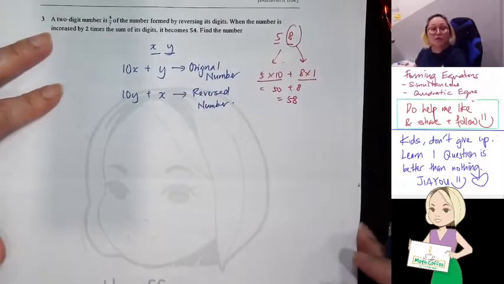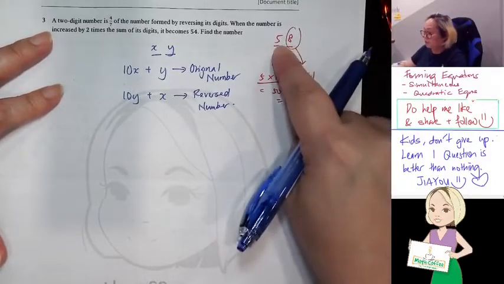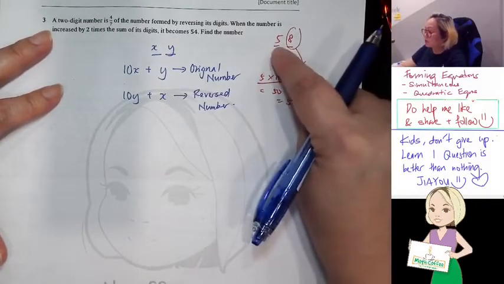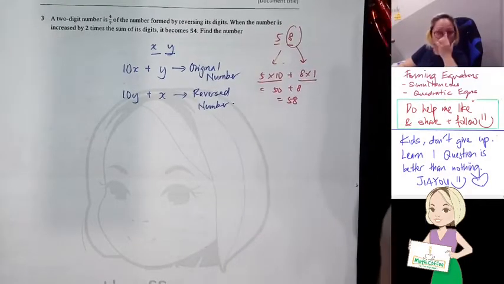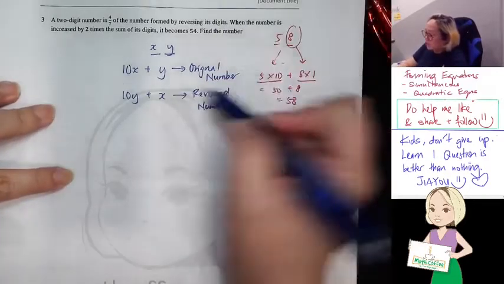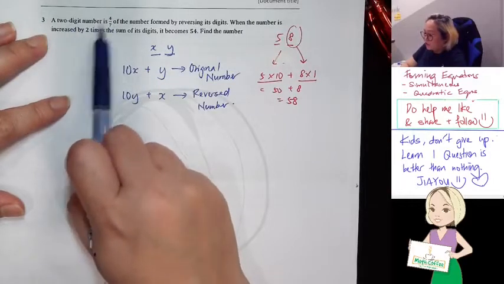This concept is very important: 10 is the value because it's sitting in the tens place, so it's 5 times 10. Now look at this. They say a 2-digit number is 4 out of 7.